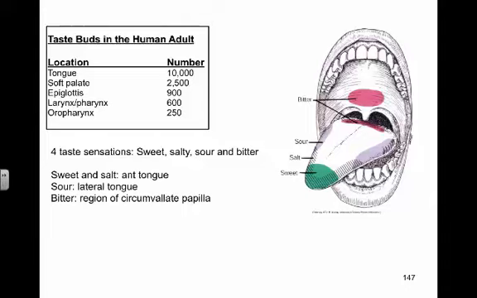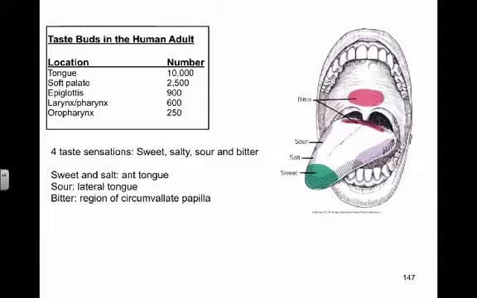The tongue isn't the only part that has taste. The soft palate has taste buds, the epiglottis has taste buds, the larynx has taste buds, and your oropharynx has taste buds. Now, I don't like this, but I mention it.